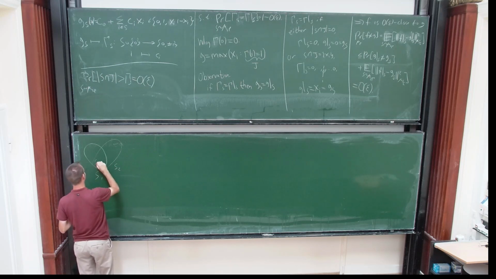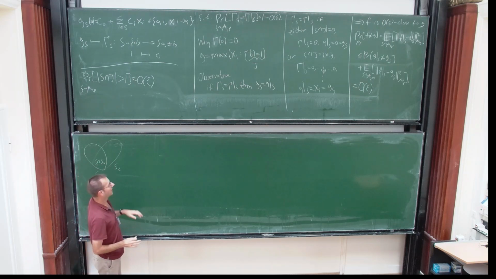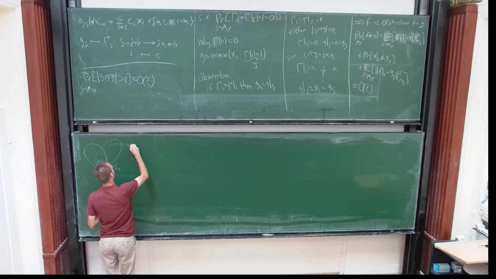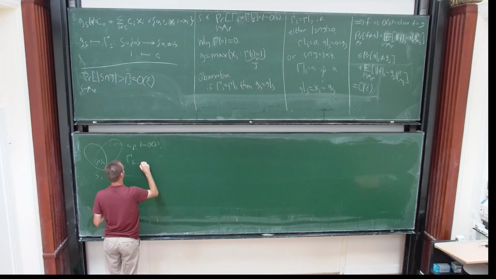Okay, this is the intersection, and it's going to be large. Now, what we're going to claim is that with probability 1 minus order epsilon, this gamma S1 and gamma S2 agree on S1 intersect S2.